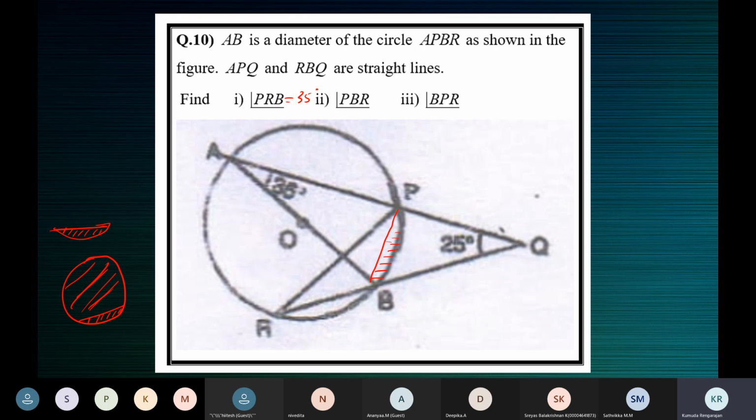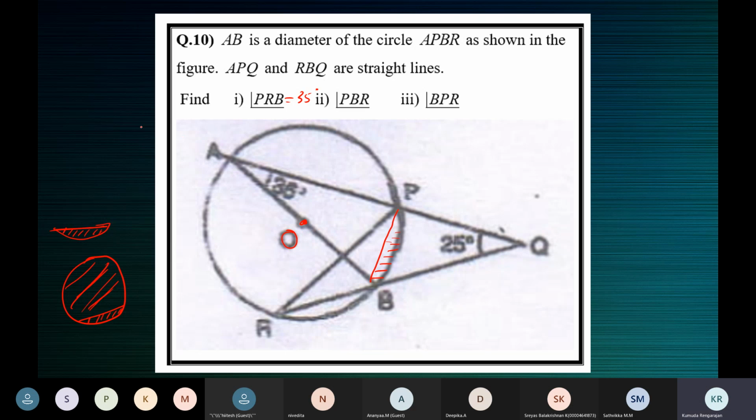Okay. So children, now you see that AB is a chord passing through the center of the circle. O always, even if it is not mentioned, represents the center of the circle. The chord AB passes through the center O, which means AB is the diameter.